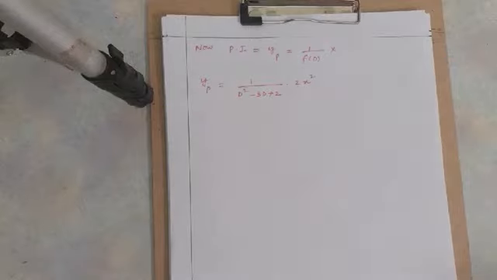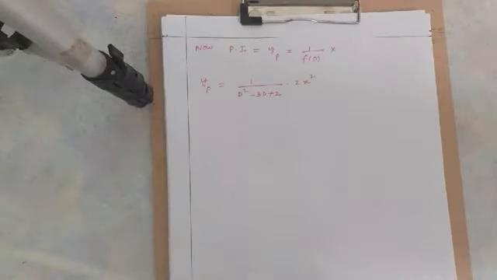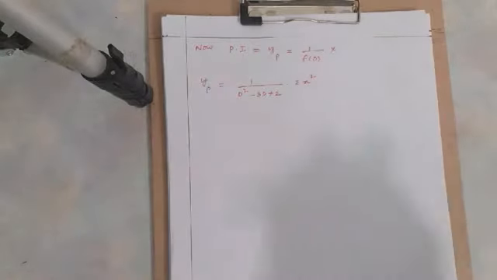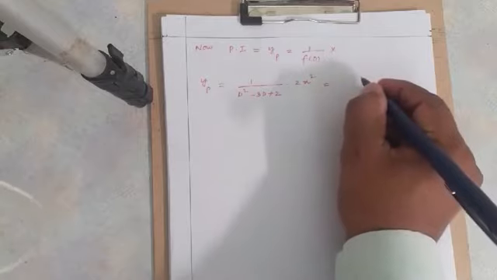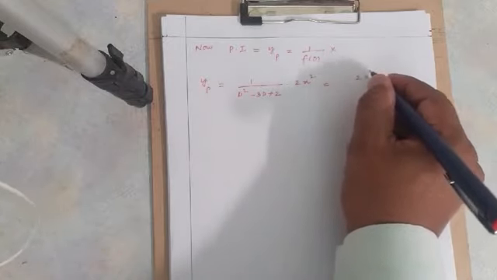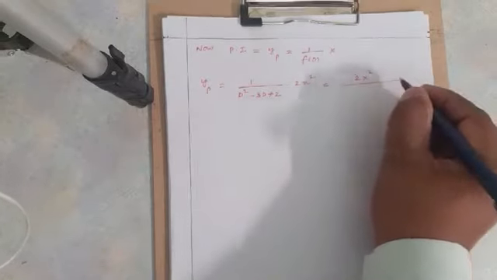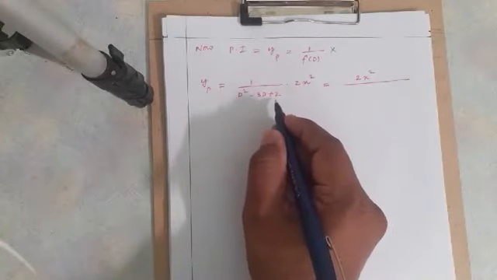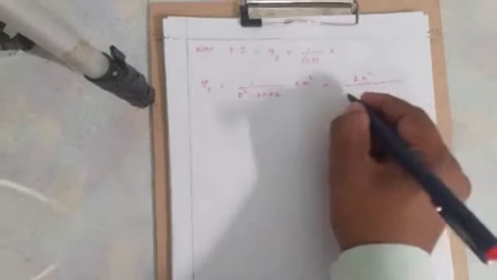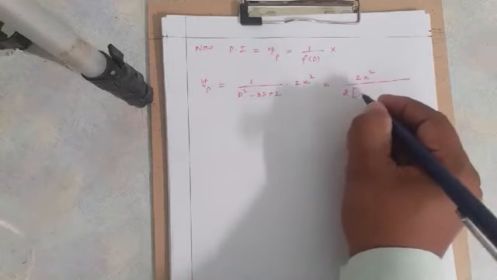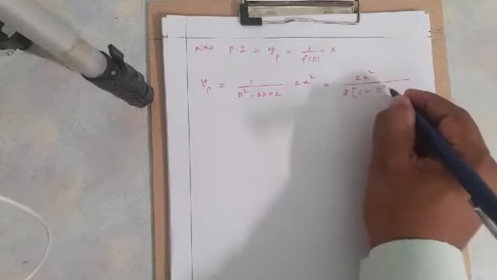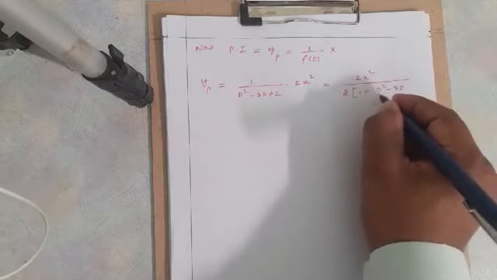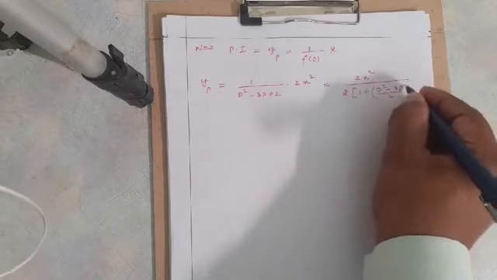After writing that, we have to take the least degree term as common. So if you take the least degree term as common, here I can write this as 2x square in the numerator, and then in the denominator I am taking the least degree term, that is nothing but 2 here. So if you take 2 common in bracket, we get 1 plus D square minus 3D upon 2. You have to put it in bracket.